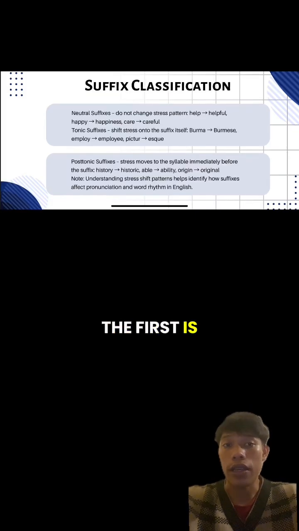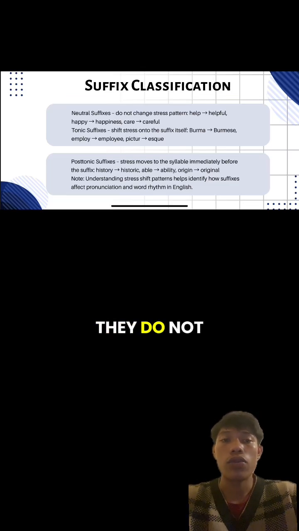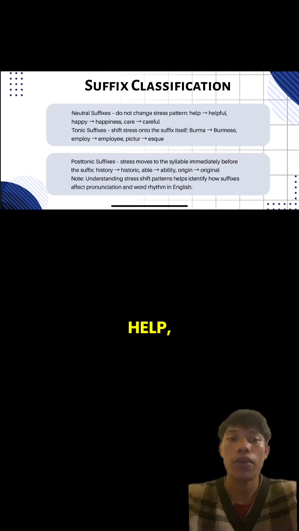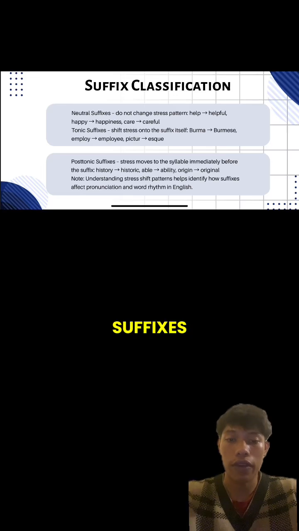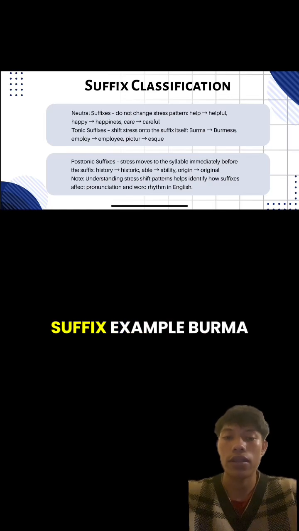The first is neutral suffixes. They do not change the original word stress. Examples: help, helpful, happy, happiness. And the second is tonic suffixes. They move the stress onto the suffix.